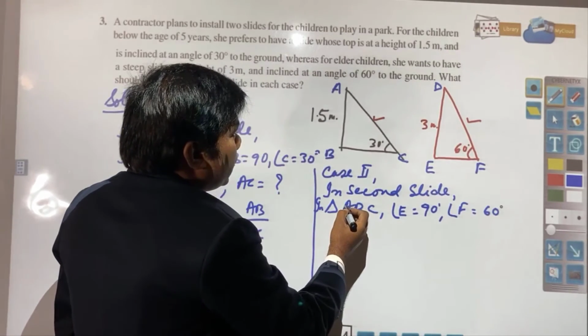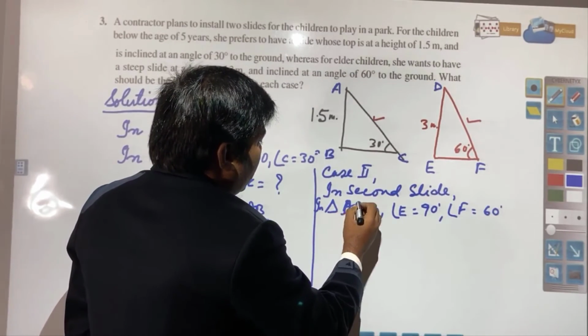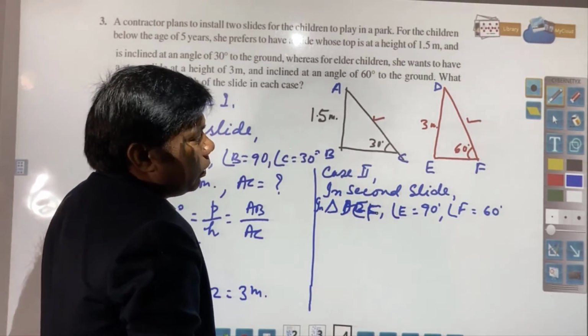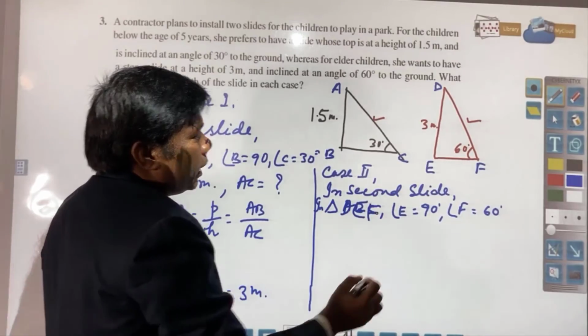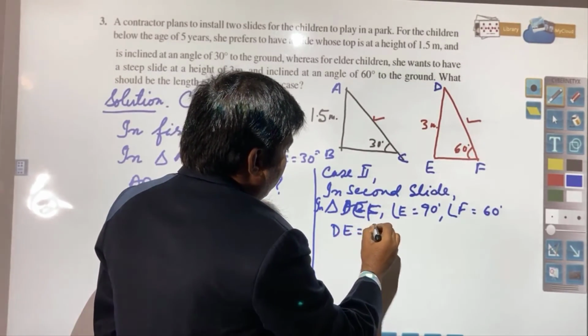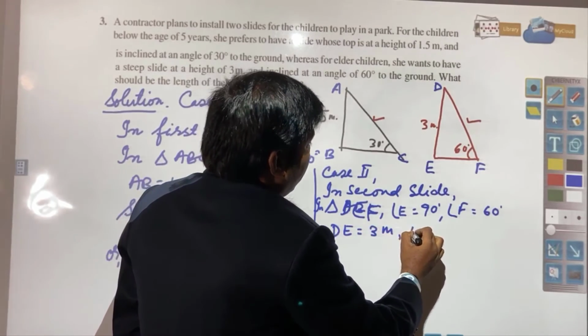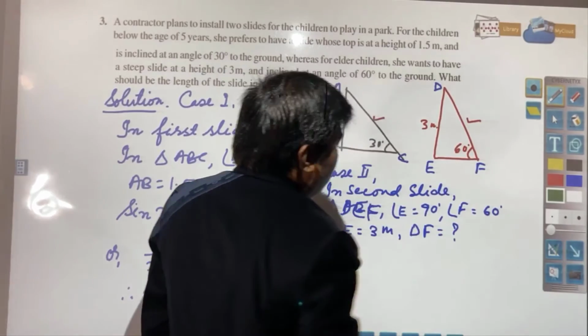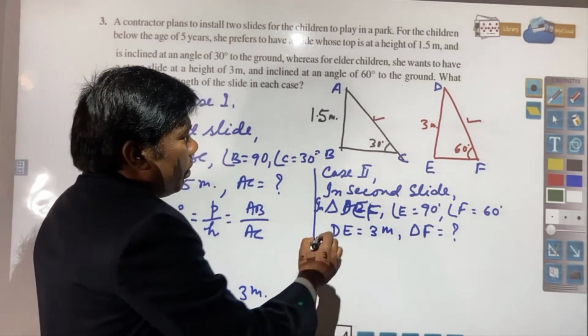Not ABC, this is DEF. D, E, and F. Angle E is equal to 90 degree, F is equal to 60 degree, and DE is equal to 3 meter. You need to find out DF. This you need to find out. Now here you see how we'll solve.